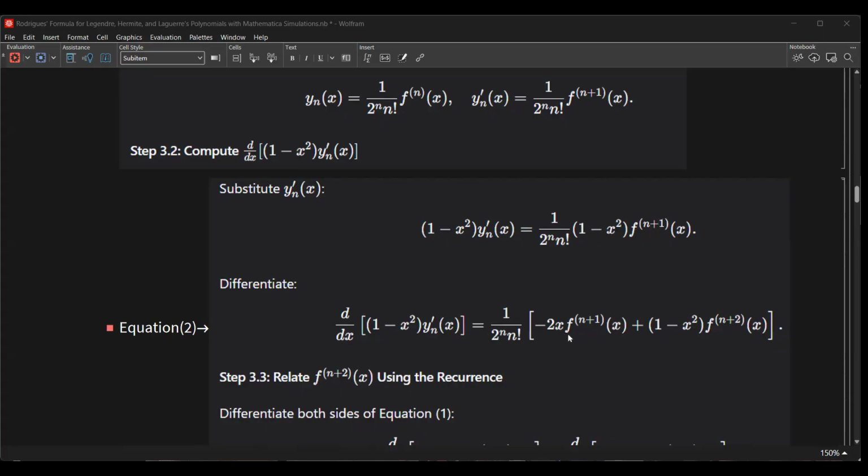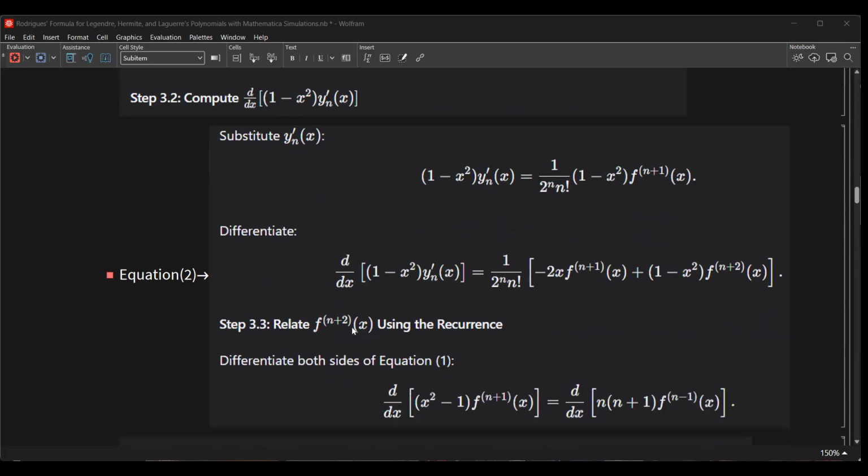So this is equal to 1 over 2 to the n factorial times the derivative of this: negative 2x times the (n+1)-th derivative of f(x), then multiplied by (1 minus x squared) times the next derivative of f, so this becomes the (n+2)-th derivative. So we relate the (n+2)-th derivative using the recurrence formula.